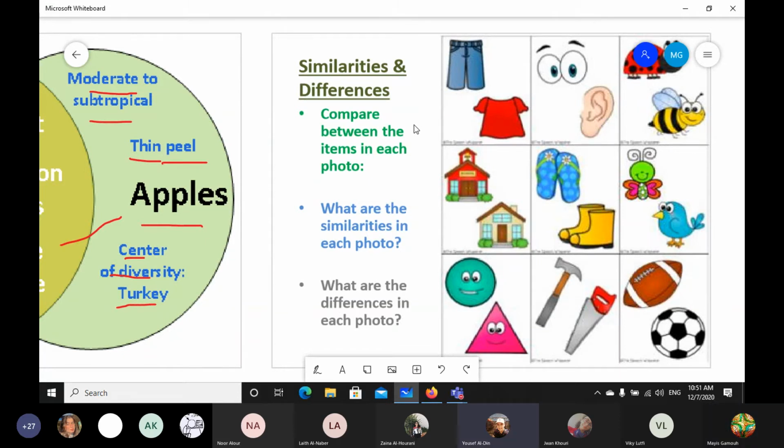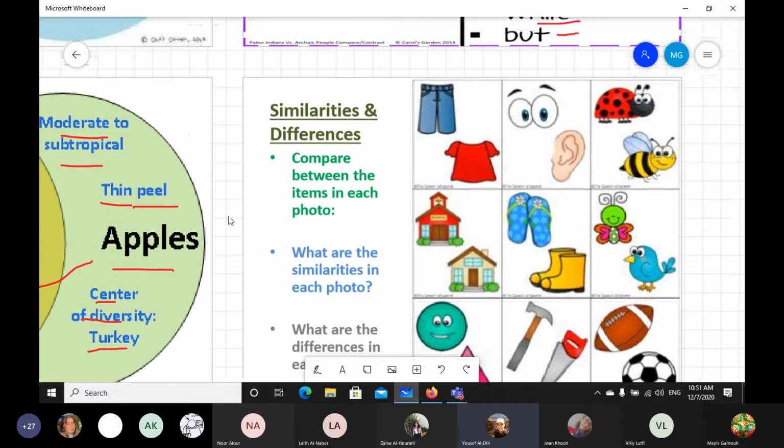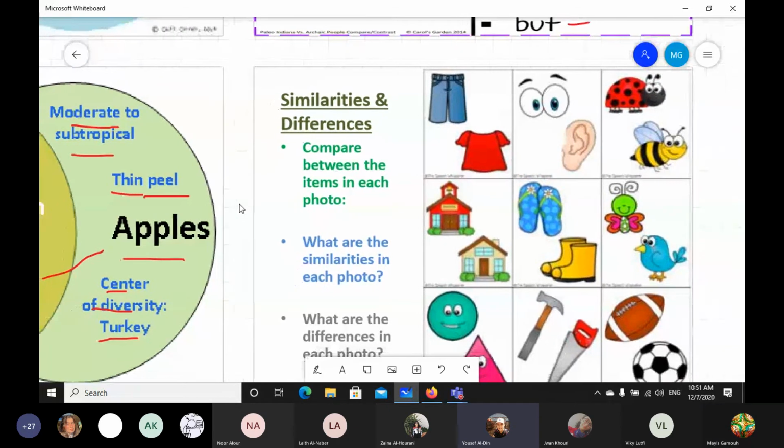And the bee has a yellow color, but the insect or the bee has yellow and black color. And the other insect has a red color, red and black. Yes.